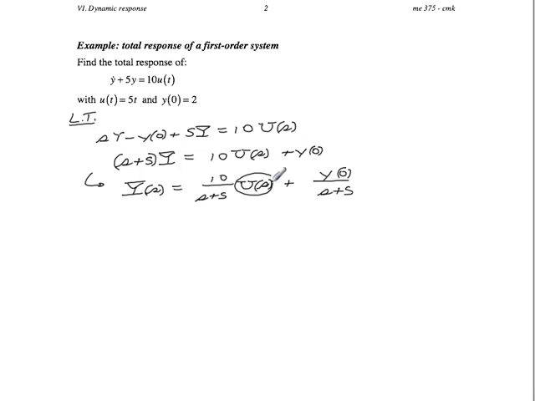And so since we are given our input here as being 5 times the linear function in time, the Laplace transform of that is 5 over s squared. So in the end, what I get here is 50 divided by s squared, s plus 5, plus, again, initial value for y divided by s plus 5.